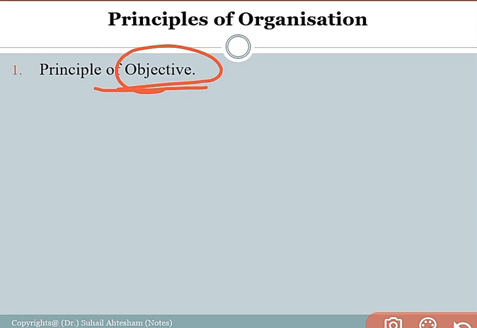Right. So all employees, the people who are working in the organization at any level, maybe the supervisory level or subordinate level, all must be familiar with its goals and objectives. All employees, all people will have to work together for achievement of the familiar objective. Right.